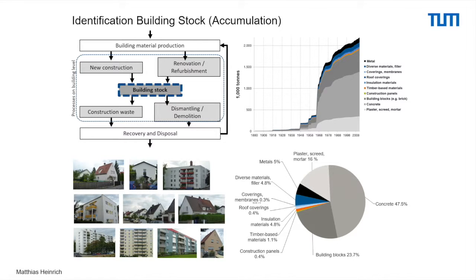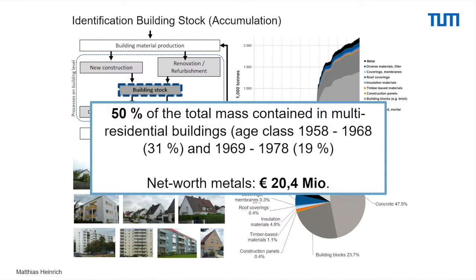So once we know the composition of the stock, we can get an idea of what we actually need to target. Half of the mass is contained in multi-residential buildings constructed between '58 and '78. These are the types of buildings that are going to retire or be decommissioned in the next couple of decades.